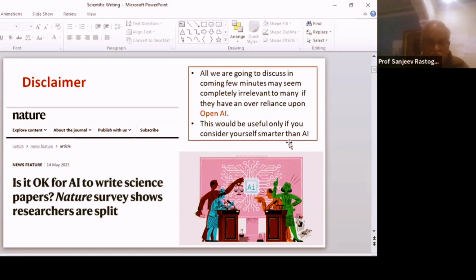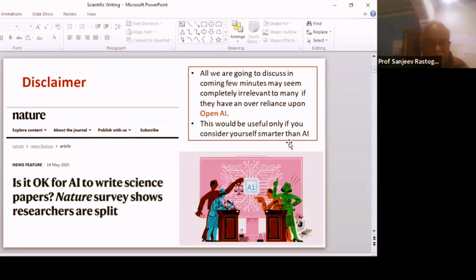But I wish to warn the people who are really willing to do serious research or a serious research paper: they should not rely upon artificial intelligence completely, because sometimes it can be fallacious, sometimes it can be misleading, and sometimes it may not convey what you are willing to convey.